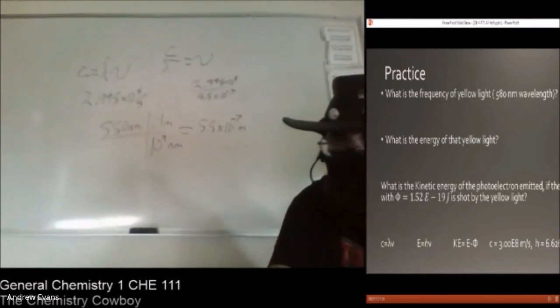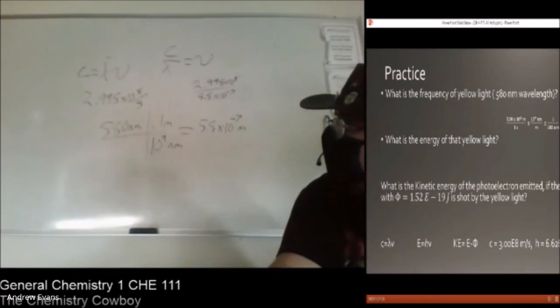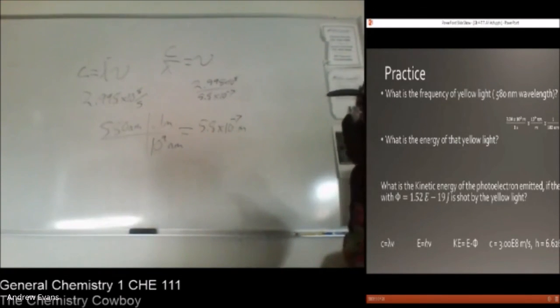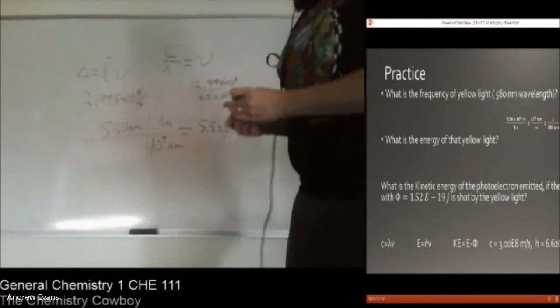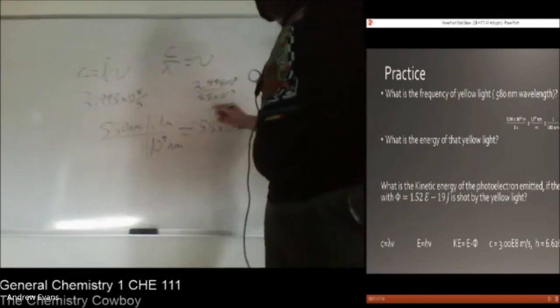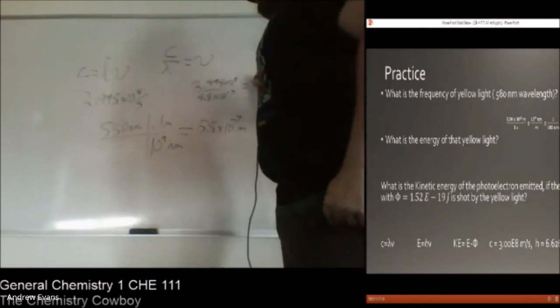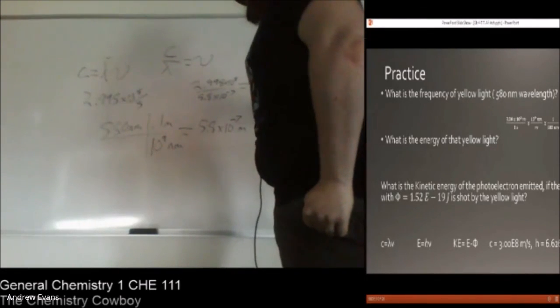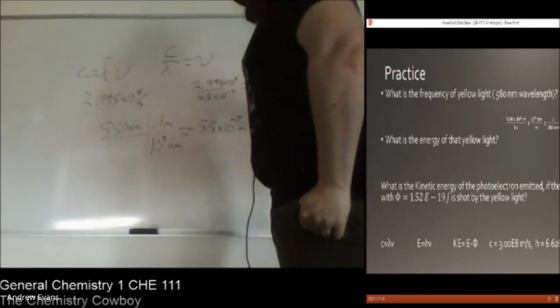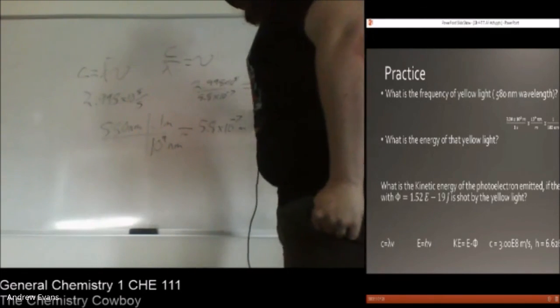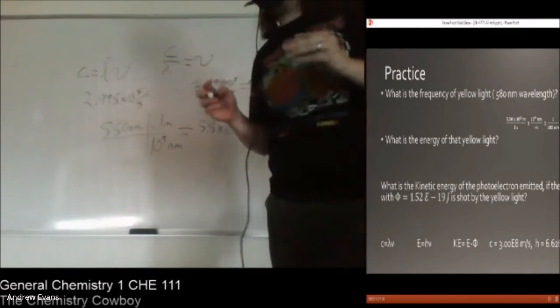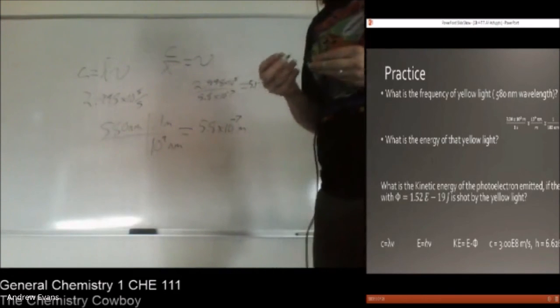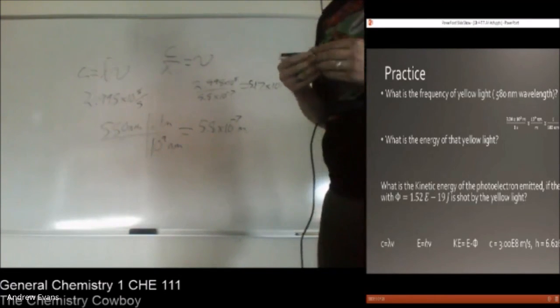Doing that, you would get 5.17 times 10 to the 14th per seconds. That's a big number, but that's okay. You've got to remember, these numbers are okay to be really, really big.